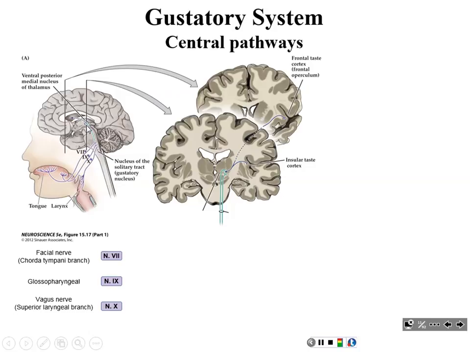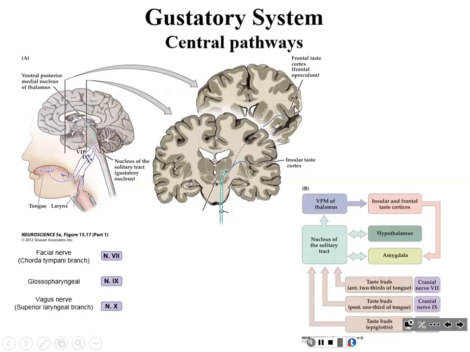From there, there are projections that go into the thalamus, and from there it goes into the frontal taste cortex. The complete pathway is the one shown in here. Okay? It involves the nucleus of the solitary tract, as I just mentioned. Then it goes into the thalamus.